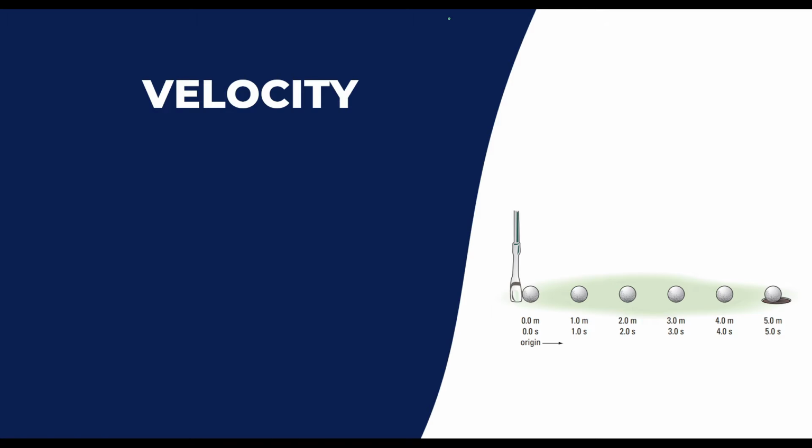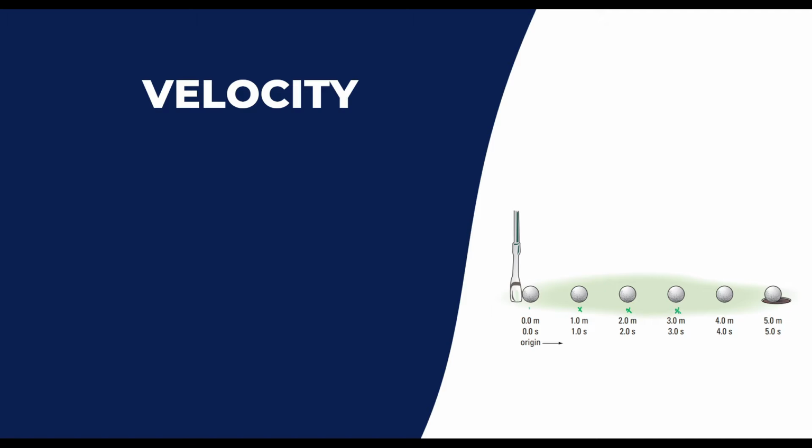So if we imagine again a golf ball, the golf ball at 0 seconds was at location 0 meters. After 1 second, the golf ball moved 1 meter. After 2 seconds, it moved 2 meters.